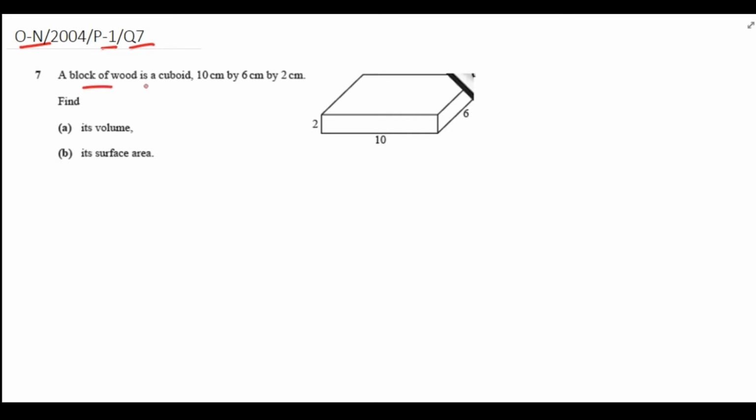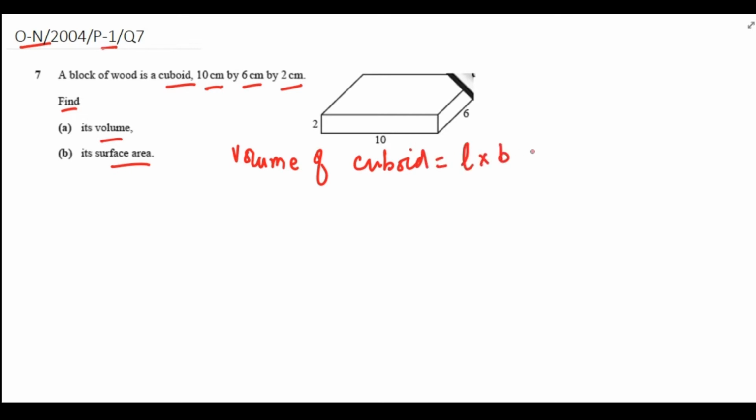A block of wood is a cuboid 10 cm by 6 cm by 2 cm. Find part A, its volume, and part B, its surface area. We know the volume of a cuboid is length into breadth into height, that is L into B into H. Here in the figure, length L is equal to 10, breadth B is equal to 6 and height H is equal to 2.